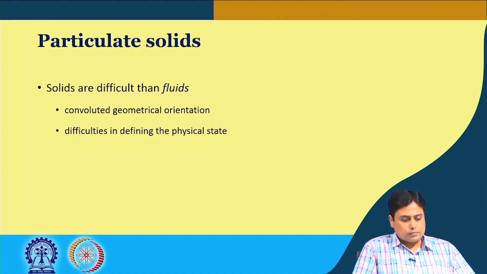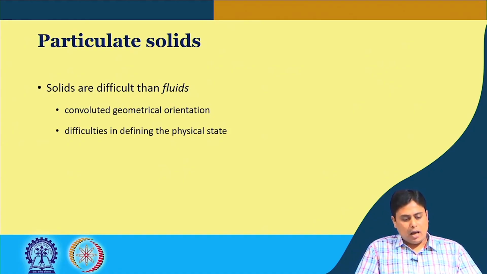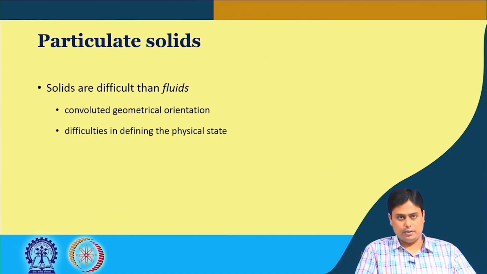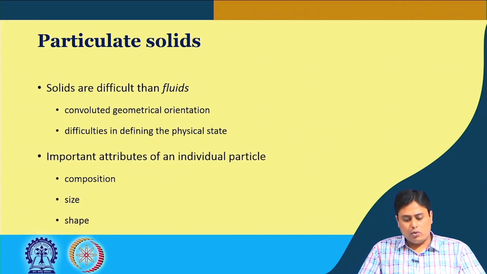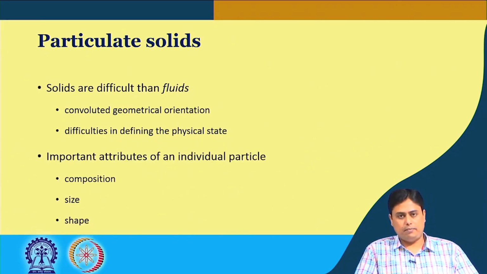So, the point is that we need to study the solid classifications separately, its attributes are different from the fluid phases. So, what are the important attributes of an individual particle?